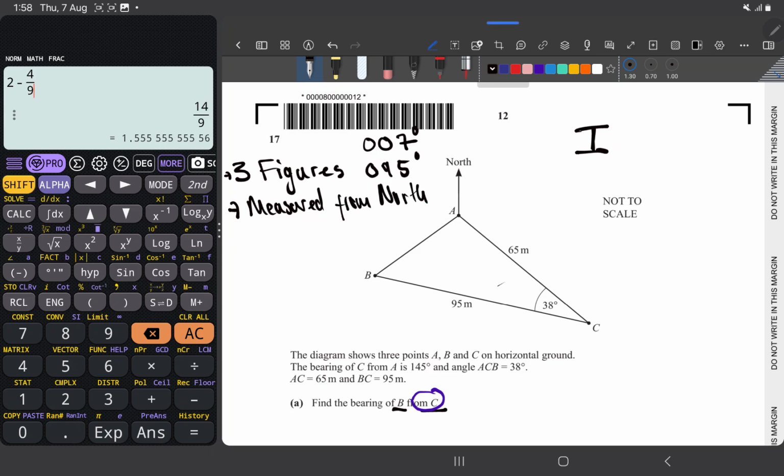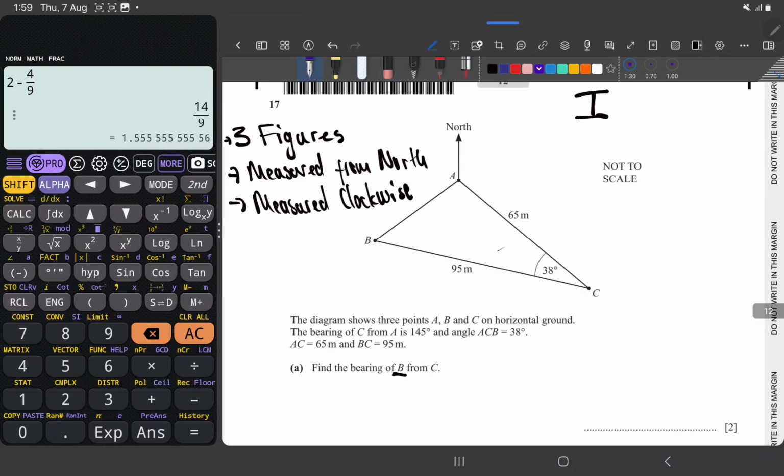And then the other thing is, bearing should be measured clockwise. So these are 3 simple rules that you must always follow. It is 3 figures, it is measured from the north, and it is measured clockwise.